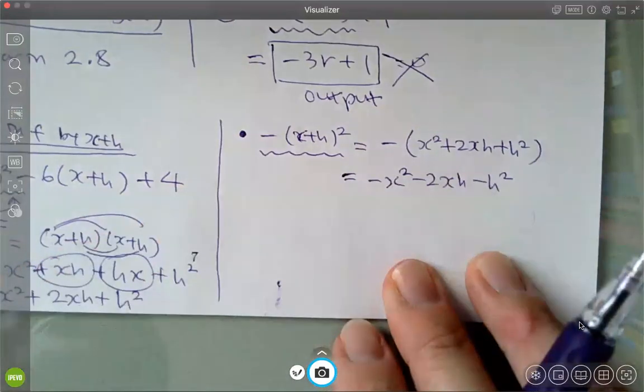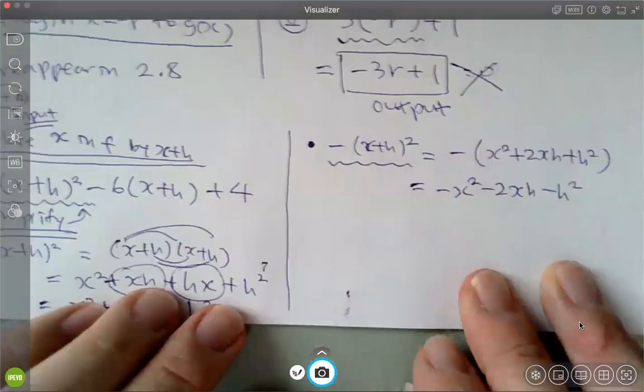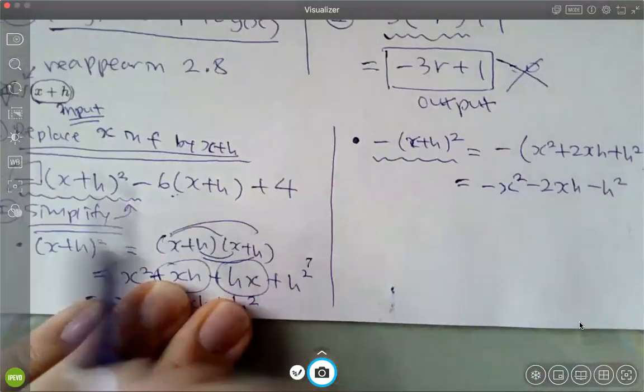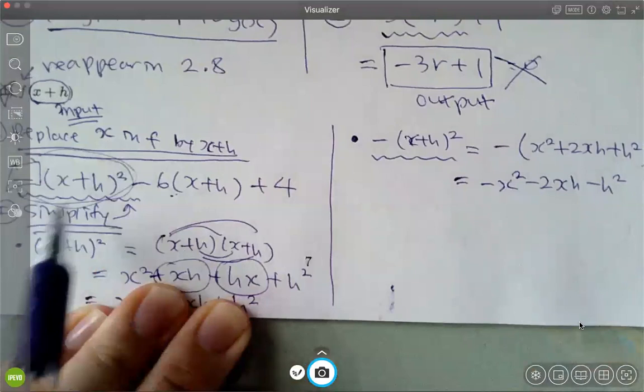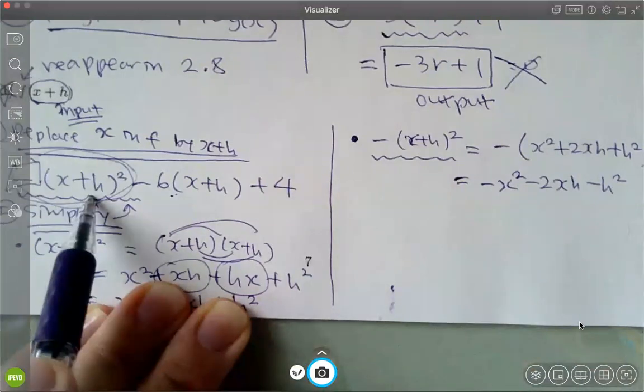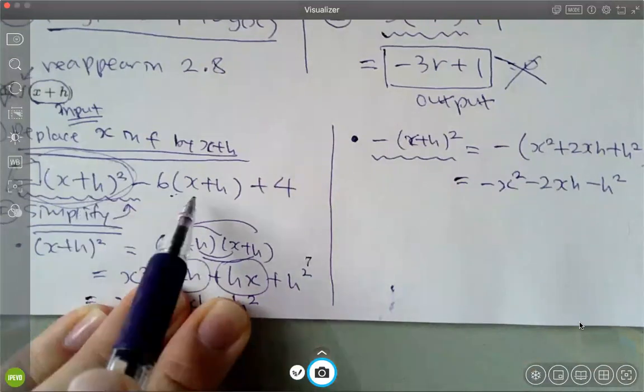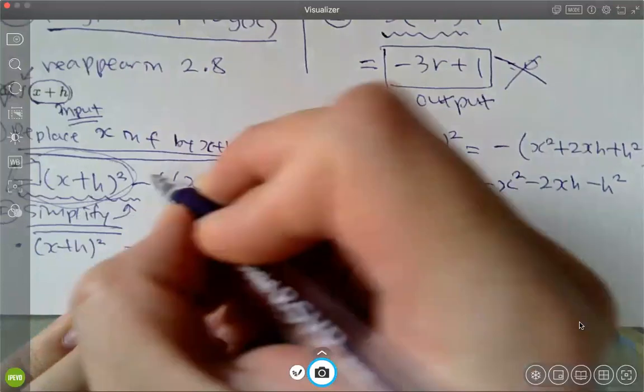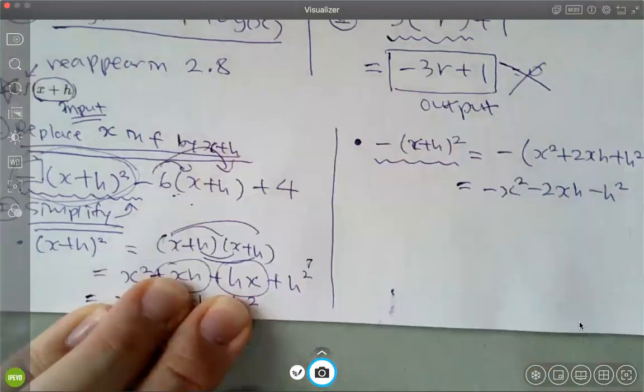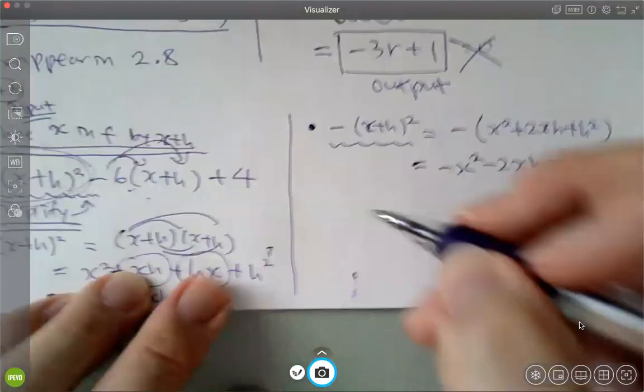Okay, so now go back to this expression here. So that is negative x squared minus 2xh minus h squared. And now how do you clear the second parentheses? You have to distribute the negative 6, right? Okay, so what do you have?